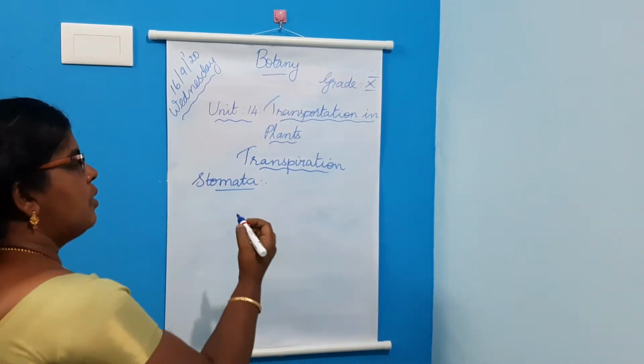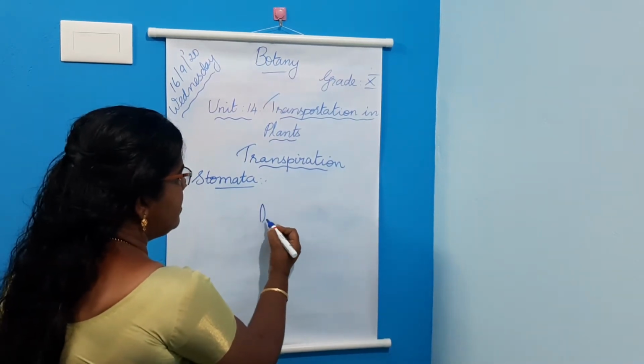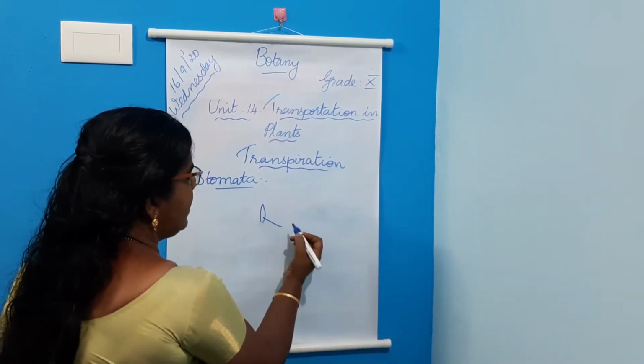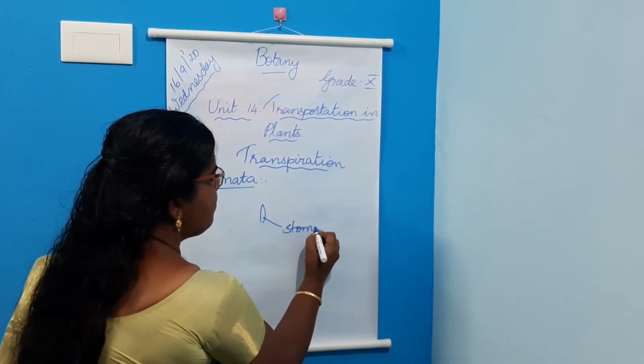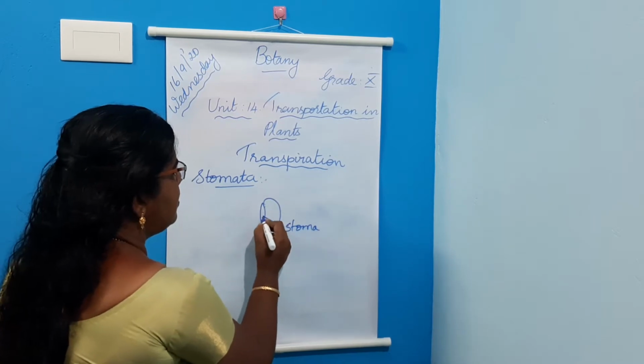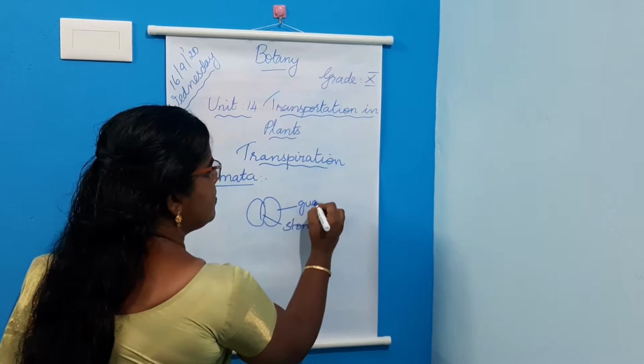Listen, now you have to know the structure of stomata. Each stomata is having an opening called stoma, and it is surrounded by guard cells.